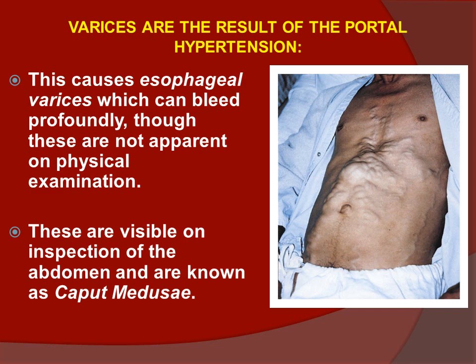They form the so-called Medusa's head or caput medusae. The reason for this sign is that in portal hypertension, blood finds alternative pathways back to the heart and does not pass through the liver. This also causes esophageal varices, which can bleed profusely but are not visible on physical examination.